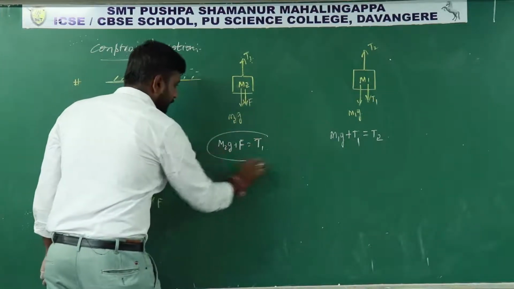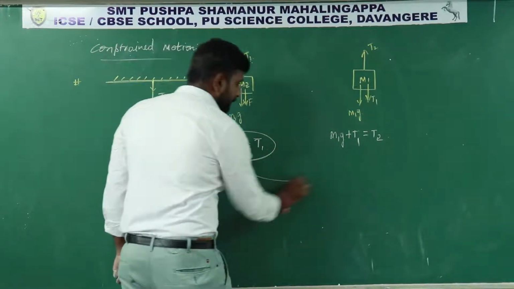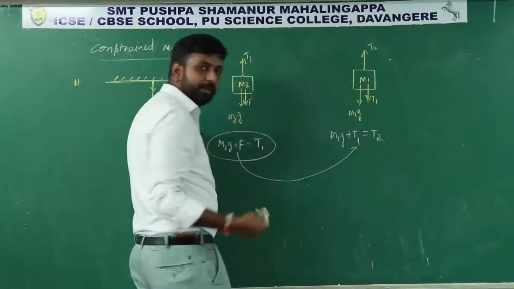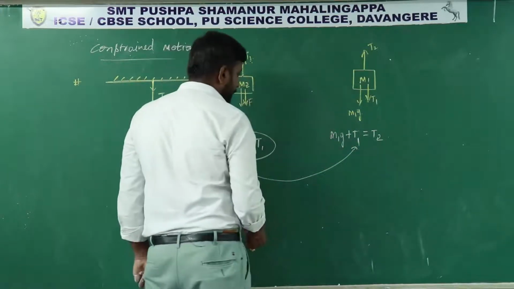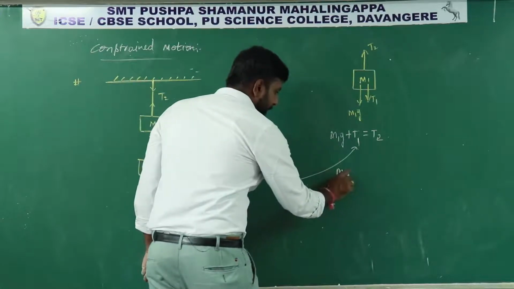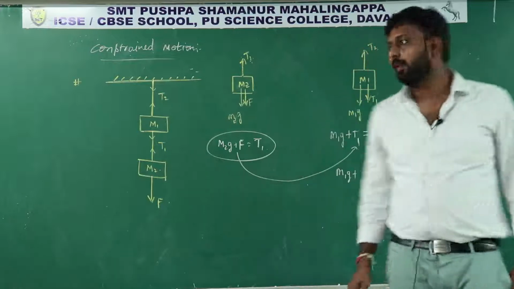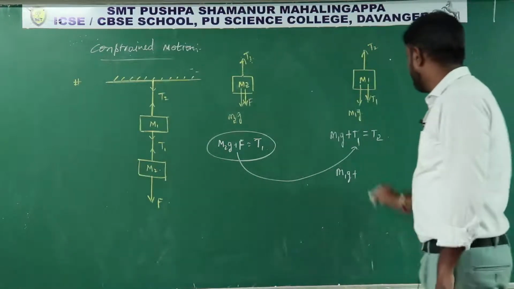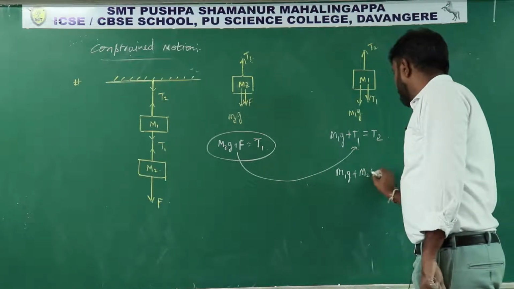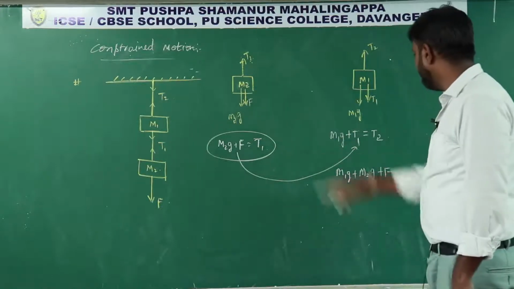T1 is equal to m2g plus F, and T1 value you shift here, you come to find the T2 value. That T2 value, I can write m1g plus m2g plus F. This is the T1 value.